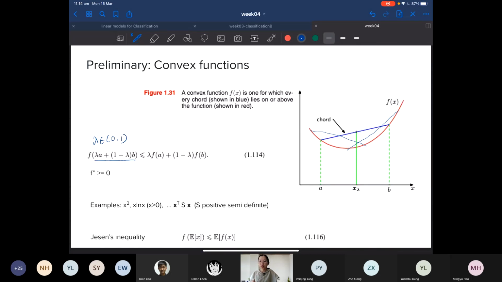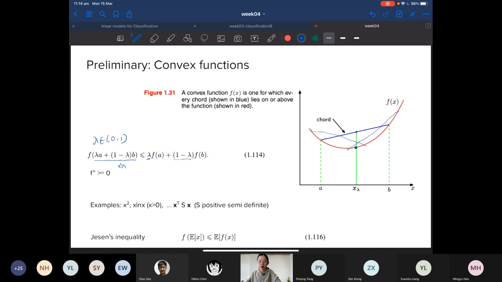And the function value of this point, x lambda, is less than or equal to the linear combination of the function at the two ends with the same weight, lambda. So this is the expression of a convex function, right?